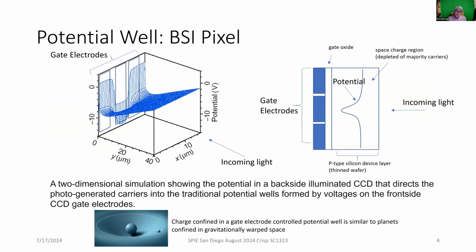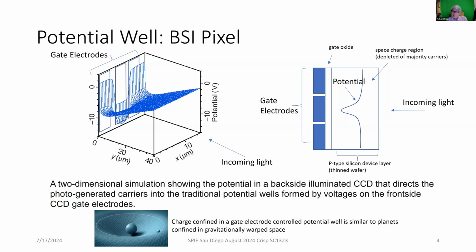So once we've created the charge carriers, we'd like to be able to confine them into pixels. Over on the right-hand side, you see a cross-section of a CCD-like structure where the blue rectangles represent gate electrodes that we can connect to different voltages. And then there's a gate oxide, so we form a capacitor with that and the silicon substrate, which is over on the right-hand side.